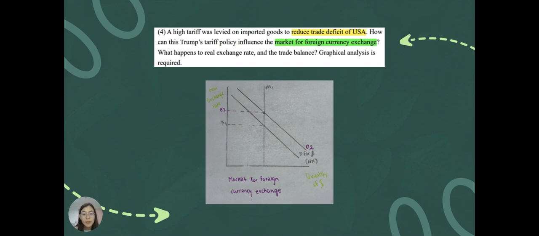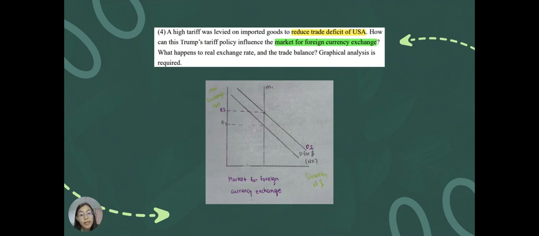And this will lead us to more dollars being demanded to buy these net exports. And this is actually pretty connected to the next exercise. Lastly, we can see that the exchange rate increases, which is that the dollar appreciates, the dollar becomes more expensive.